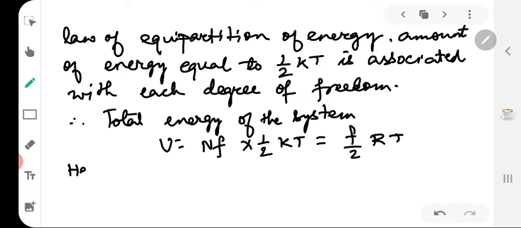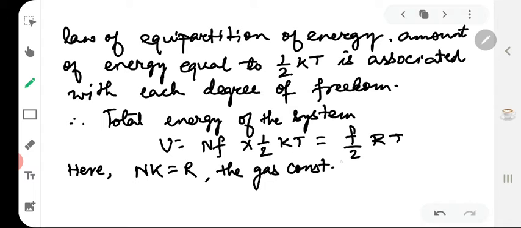Here N into K is equal to R, the gas constant for 1 mole of gas.